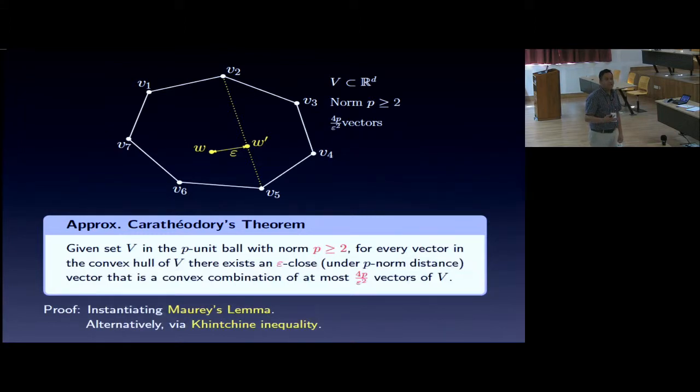There are cases where for P greater than or equal to 2, modulo this constant 4, you do need P over epsilon squared VIs for any vector in the epsilon ball of W. So there exists a set of vectors VI, a particular norm, and a particular W, so that any epsilon-close vector requires order P over epsilon squared VI. But for Birkhoff von Neumann in particular, you can improve upon this. I think it's 1 over epsilon. I can work this out after the talk, offline.